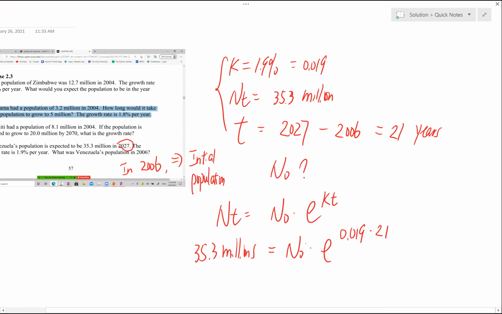If you want to multiply those two numbers, 0.019 times 21, you could do that and keep a single number: 0.399. So we divide both sides of the equation by e raised to 0.399.